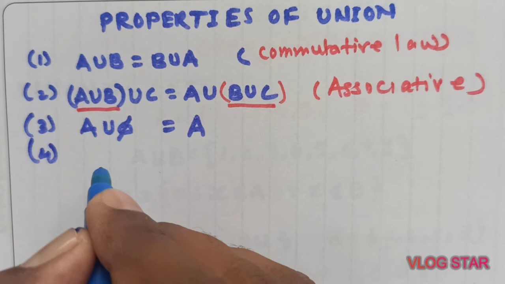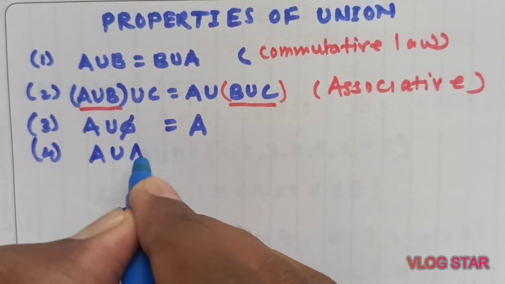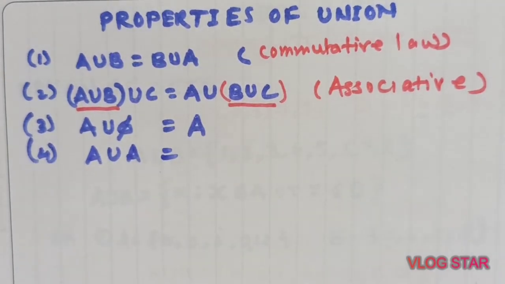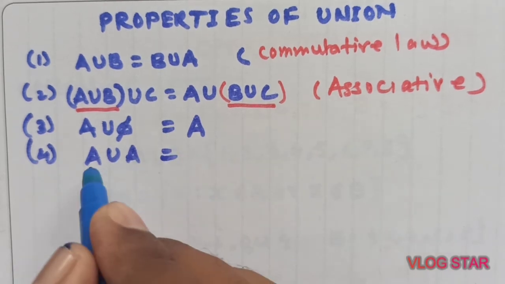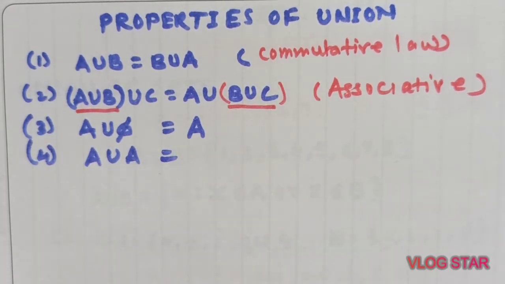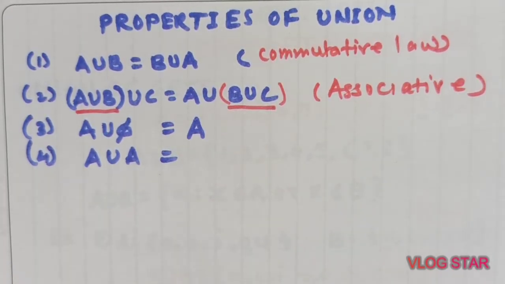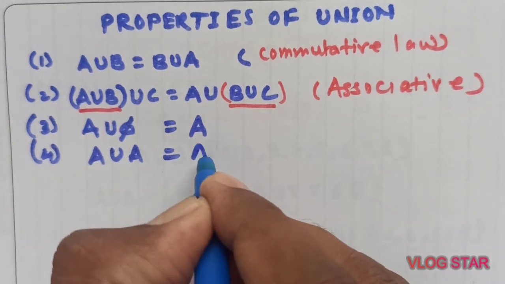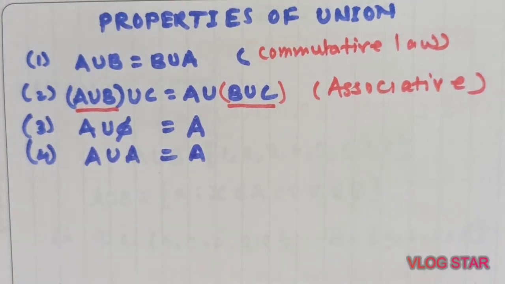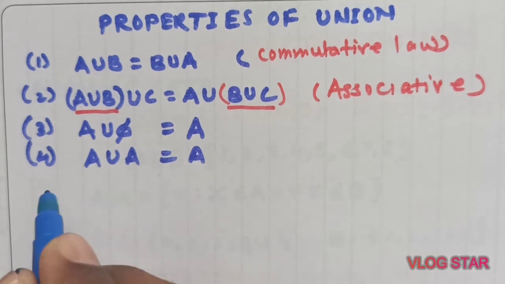Fourth law. What about A union A? If I have members 1, 2, 3, 4, 5, again the same members we cannot repeat. So A union A is also A. It is not 2A like in algebra.